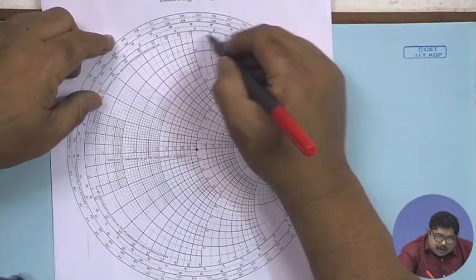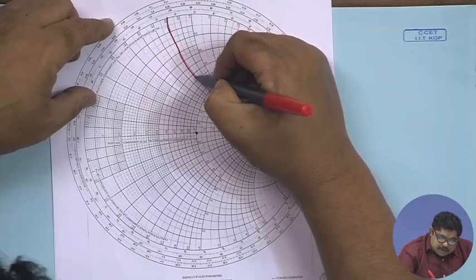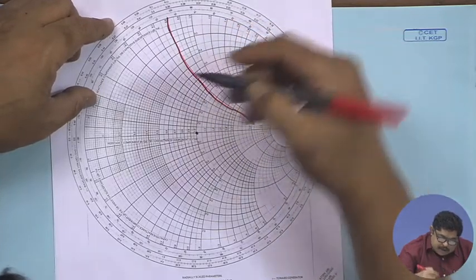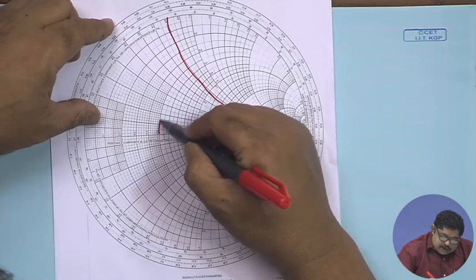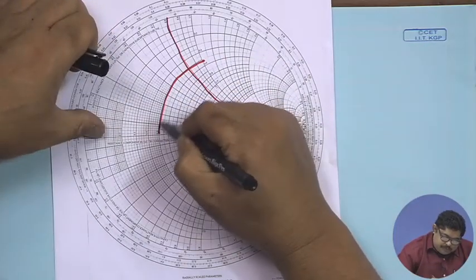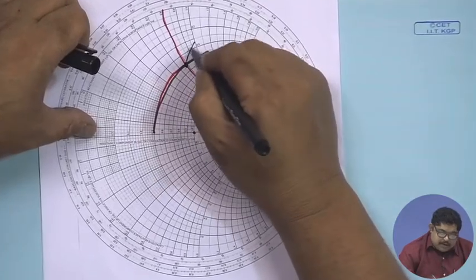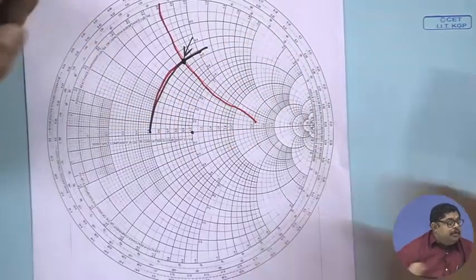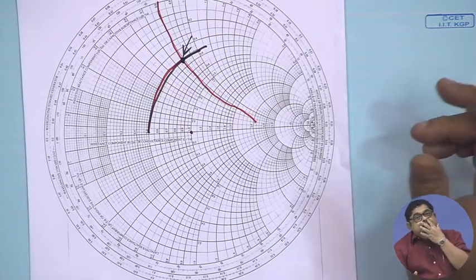So, I am locating 0.8 here, and 0.5 I think is this circle. This intersection point somewhere here is our desired point. By this I can locate any impedance on the Smith chart. This is the procedure.